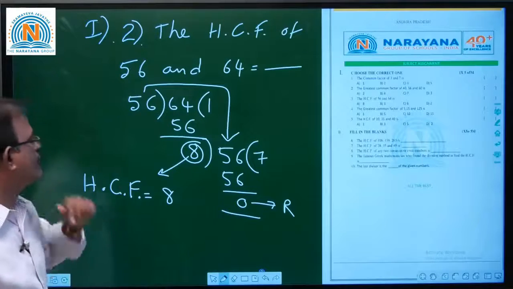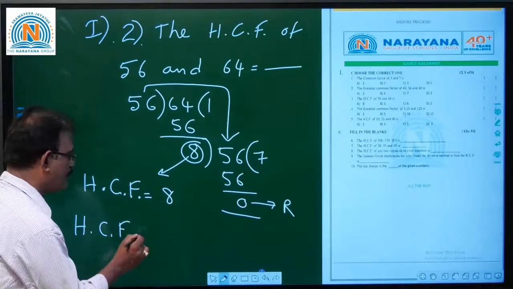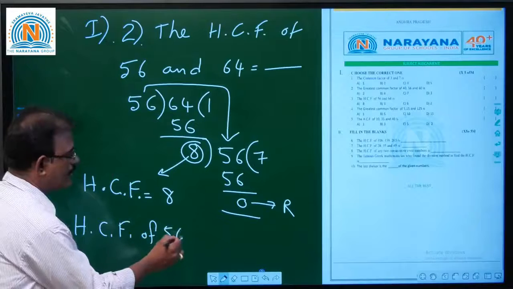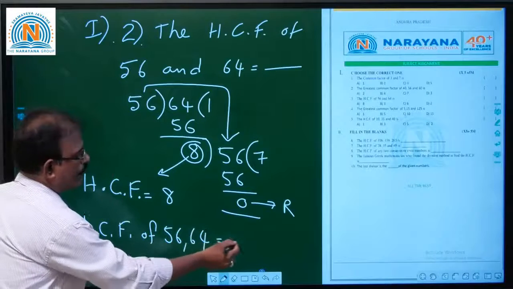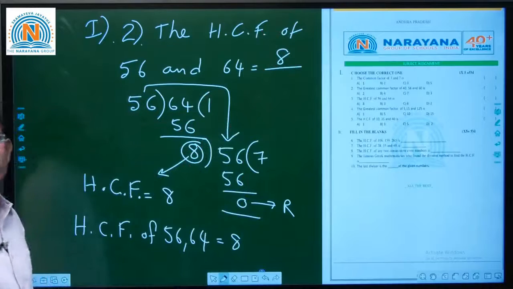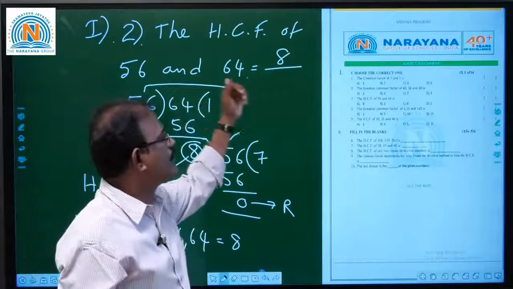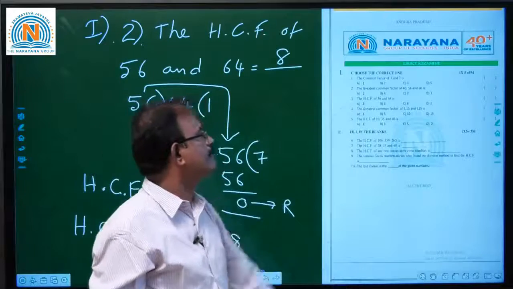So what is the HCF of 56 and 64, children? HCF of 56 and 64 is equal to 8. This is the third one. It is given in the first option.